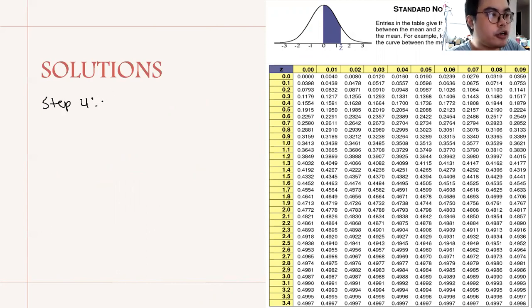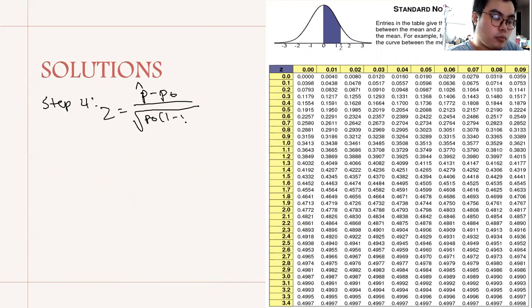Okay, so in the step 4, what we are going to do is do the same thing. So our p hat is 0.92, while our p sub 0 is 0.75.